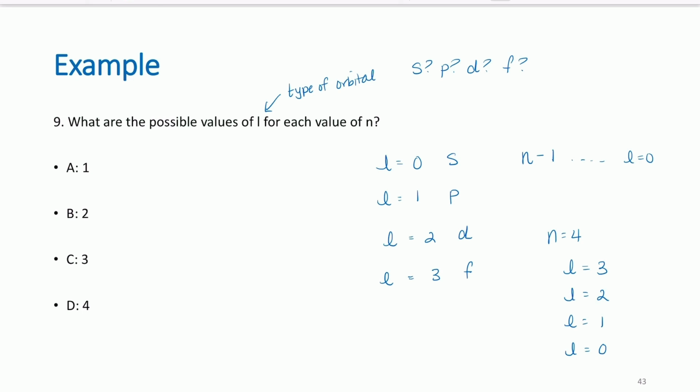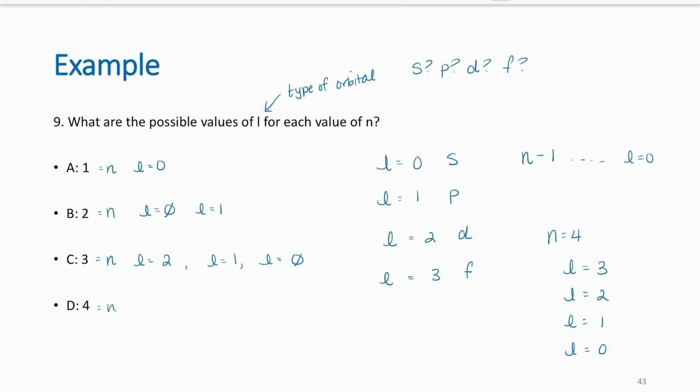So if n equals 1, that means l can only equal 0. If n equals 2, l can equal 0 or l can equal 1. If n equals 3, l could be equal to 2, l could be equal to 1, or l could be equal to 0.